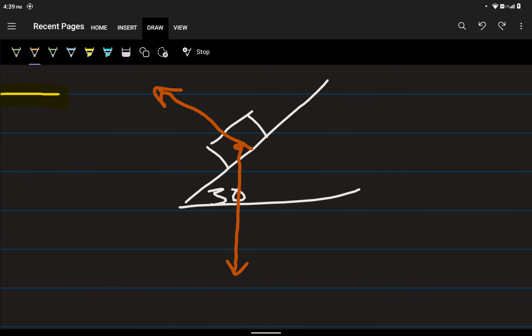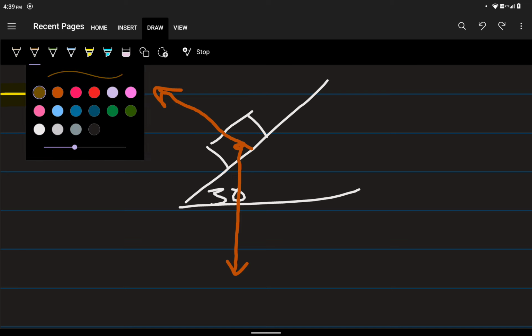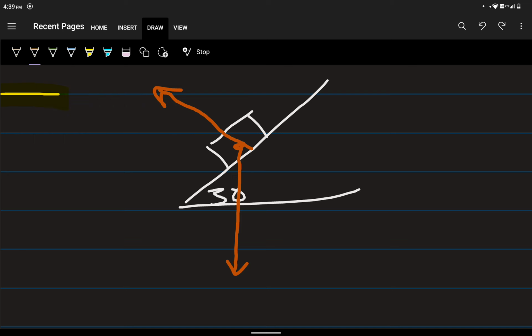Now this force is going to be equal to a force that this object exerts on the surface, and that force is supposed to be like this in the opposite direction, right? And yeah, it's also perpendicular to the surface.